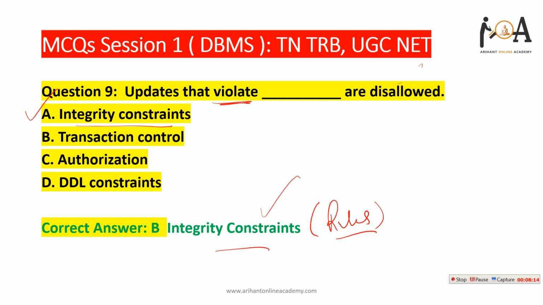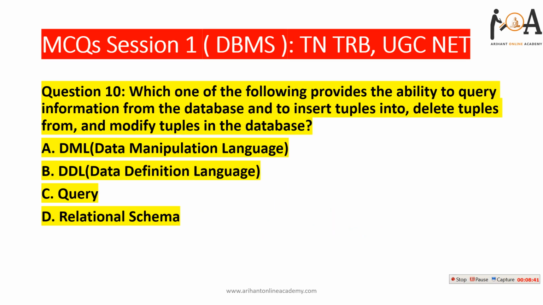So on the basis of comments, I will try to make some more lessons on that. And if you are okay with the MCQs, then also support us by giving feedback in your comments, and if you are really interested in learning from us, then I will also include the complete syllabus of all subjects for your TNTRB as well as UGC NET CS, right? So basically integrity constraints are the rules, and updates that violate these rules are disallowed in queries, right?